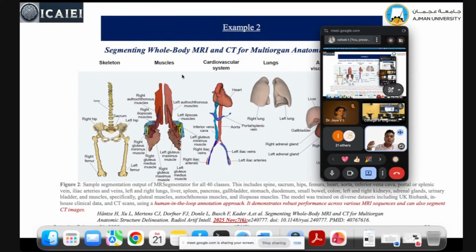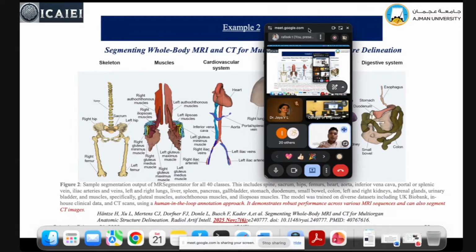That means they acquired a lot of data and used a simple UNet model. They are only doing the UNet and a pre-trained model. They did a good job, like they segmented the whole body MRI.